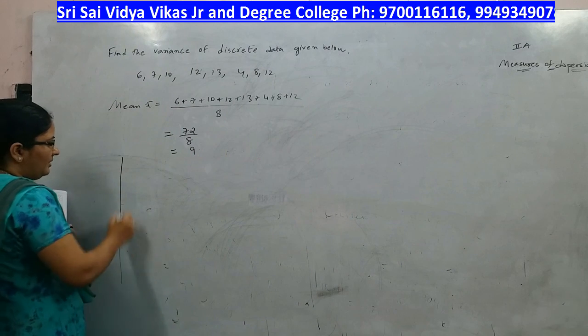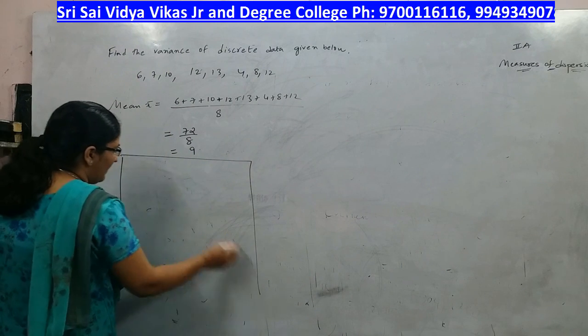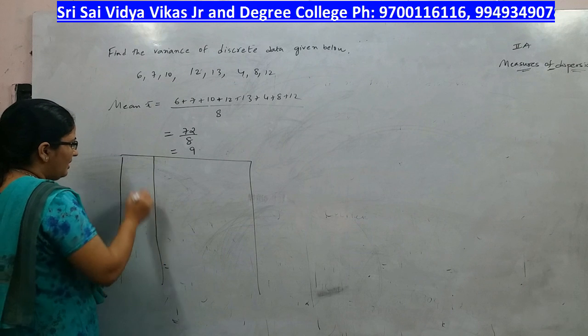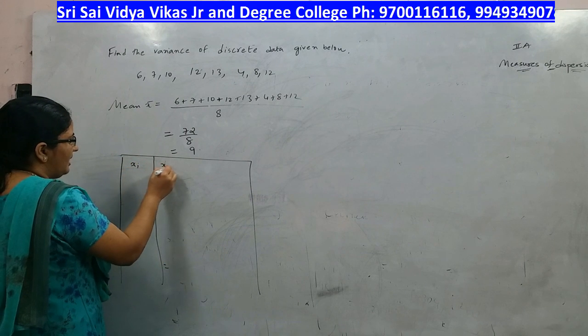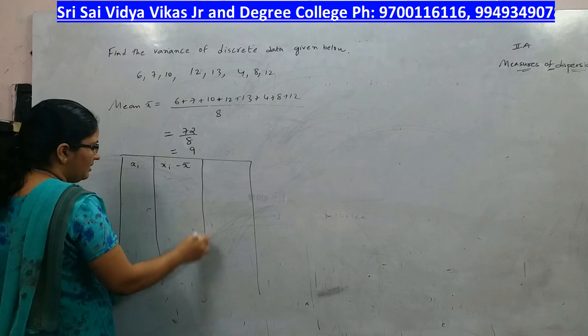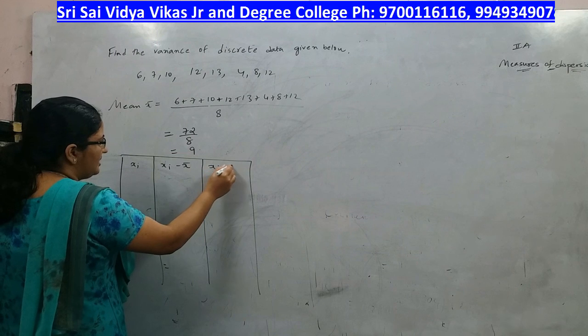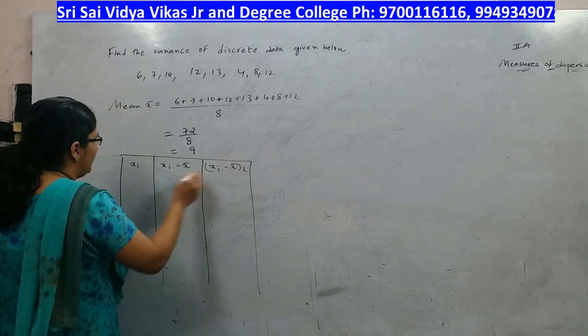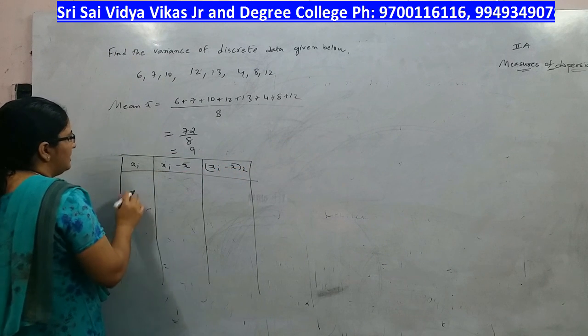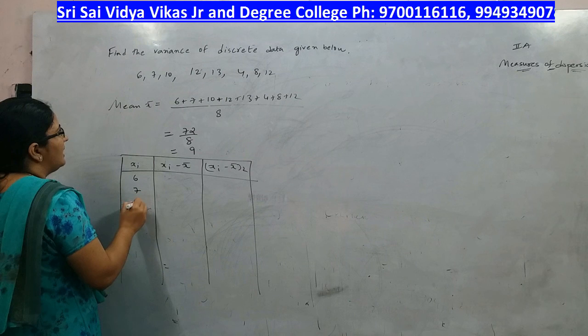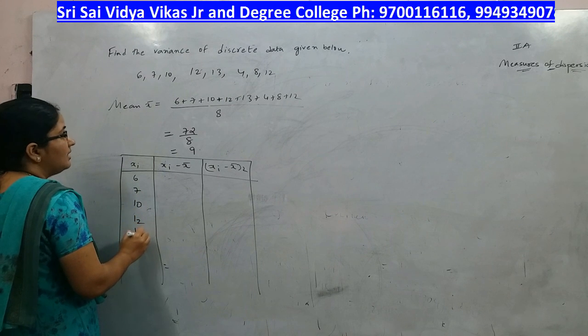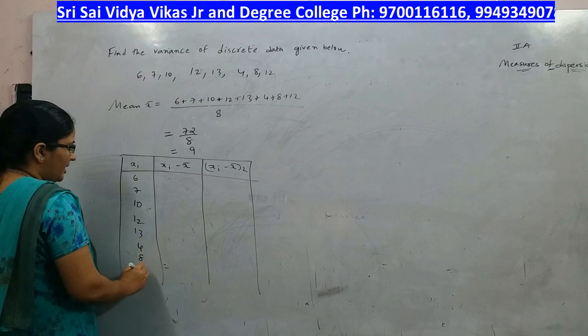Now we shall find xi minus x bar, and xi minus x bar whole square. The values are 6, 7, 10, 12, 13, 4, 8, 12.